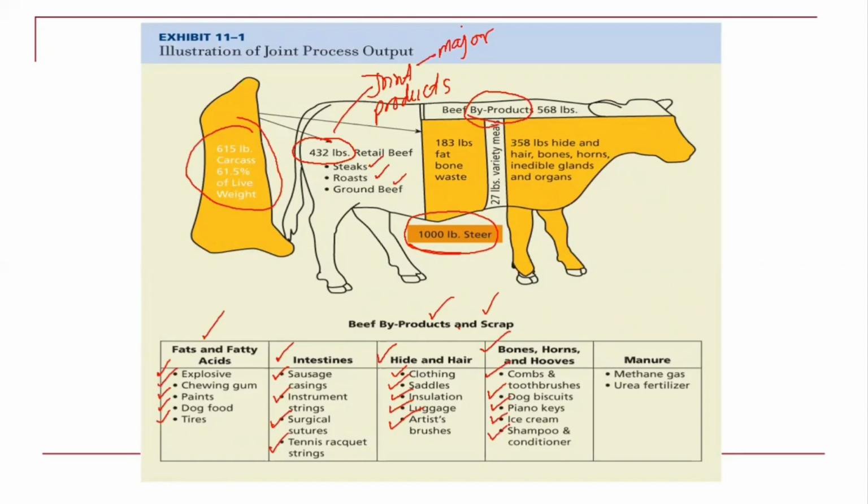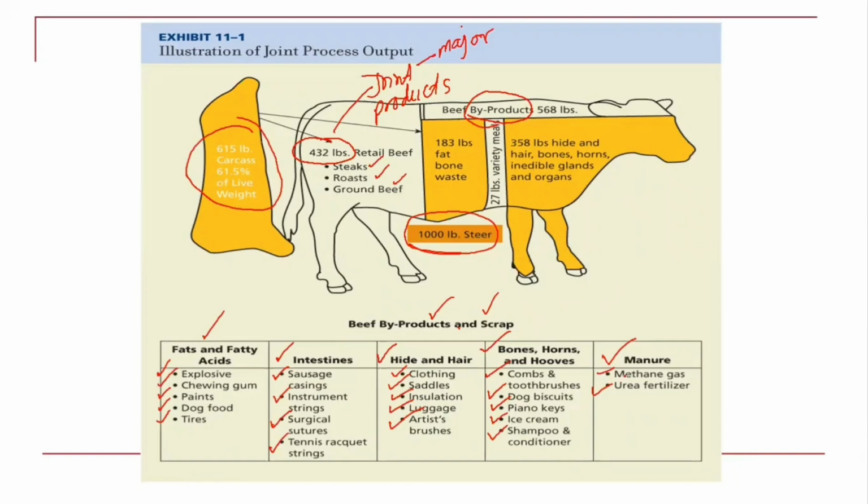And then shampoo and conditioner. So yun pala yung mga uses sa mga ibang parts ng baka. Sa halip na itapon mo, ito pa yung pwede natin mapakinabangan. Imagine even yung pupo ng baka, that could be used as methane gas and urea fertilizer. Ayan. So halos walang tapon pala itong baka na to.